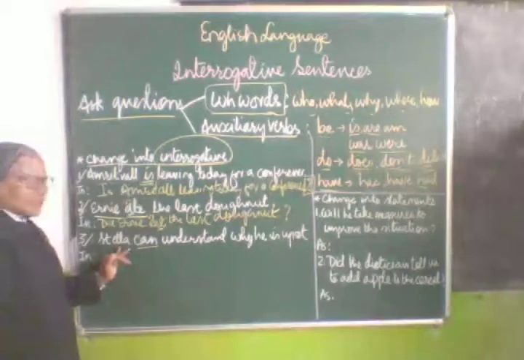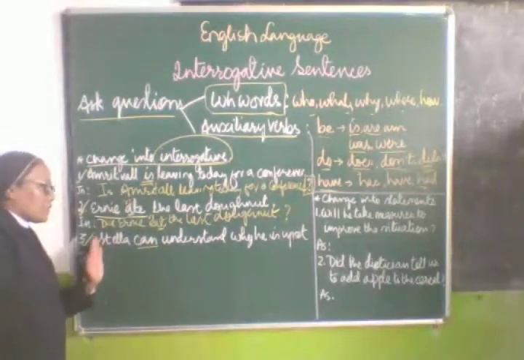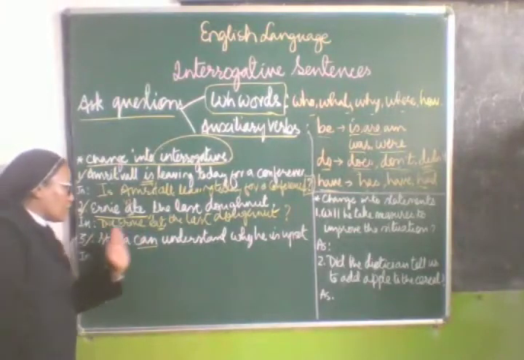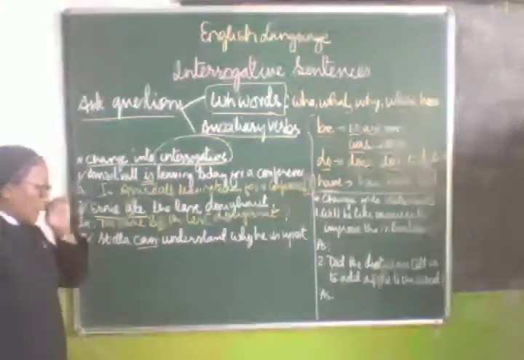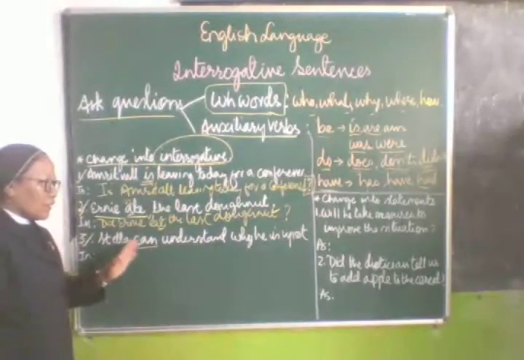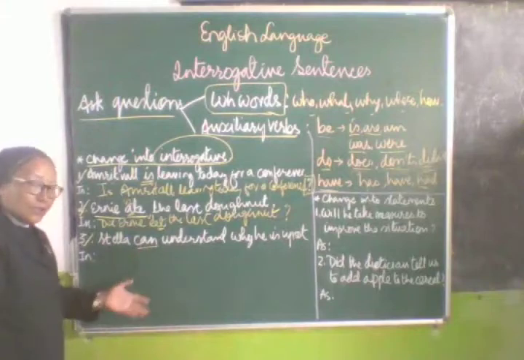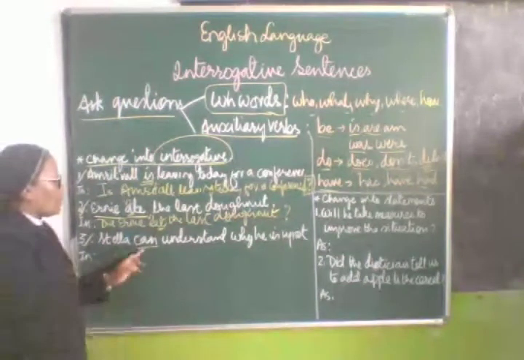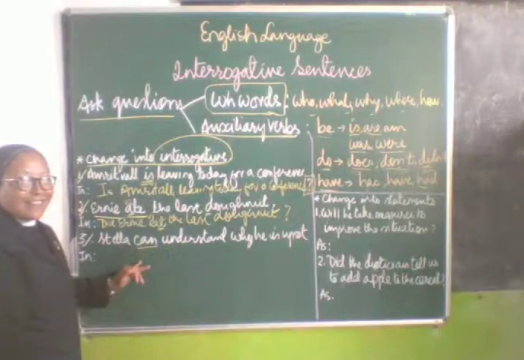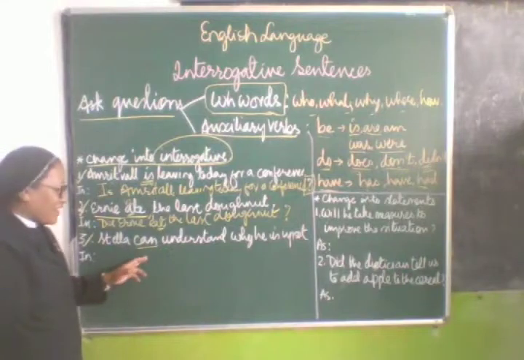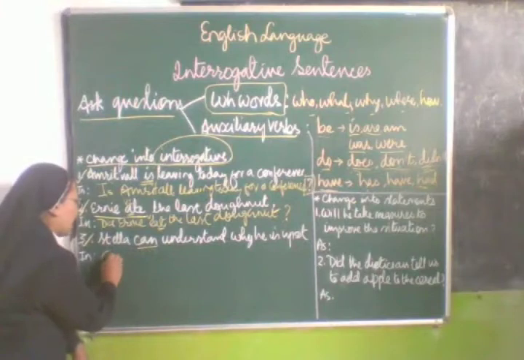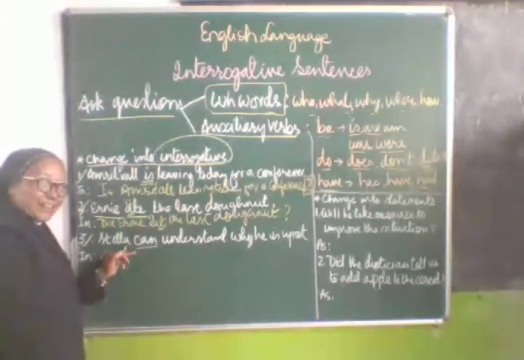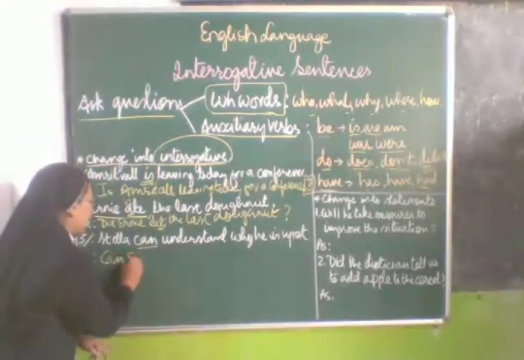Now Stella can, a modal, is there as a helping verb, as auxiliary verb. Can. Understand, what now, subject. So now I will reverse the place. This will go here, and this verb can come here, and then the subject can go in its place, in order to make it into a question. So now I need not change anything here. So the modal is there, so I will be using that. Can. Stella, subject.